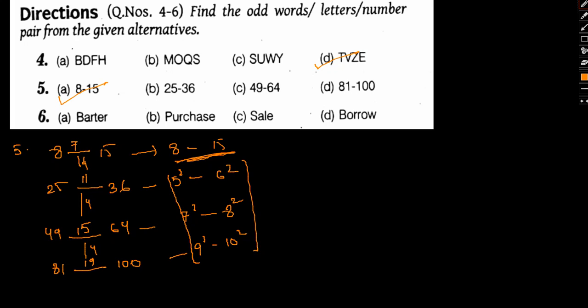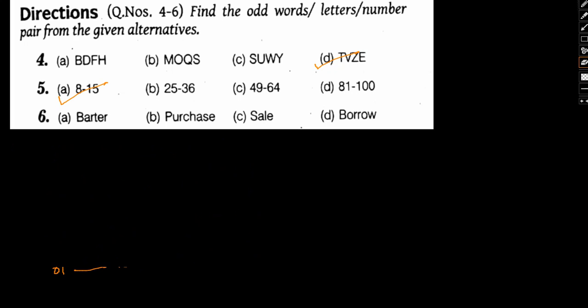I hope this is clear. Next up, we'll take a look at question 6. We have been given 4 words, and what we are supposed to do is find the odd one out.